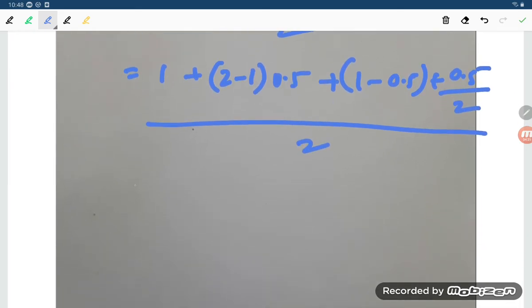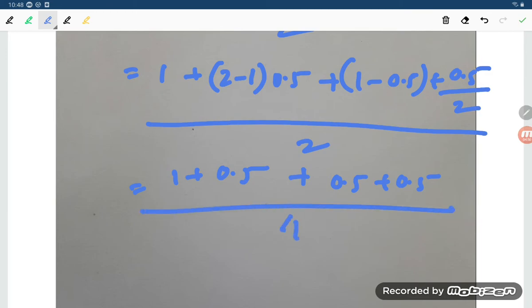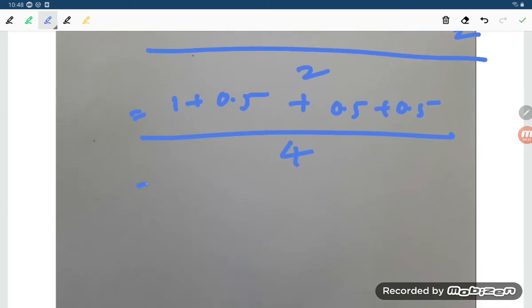So you solve it out. 1 plus 2 minus 1 is 1, and 1 into 0.5 is 0.5, plus here 0.5 plus 0.5 divided by 2 into 2, that is 4. So 1 plus 0.5, that is 1.5 upon 4.